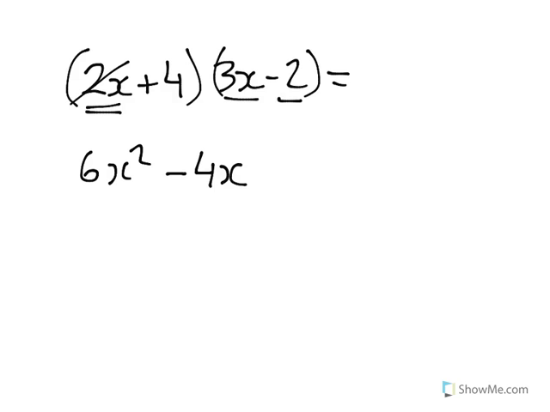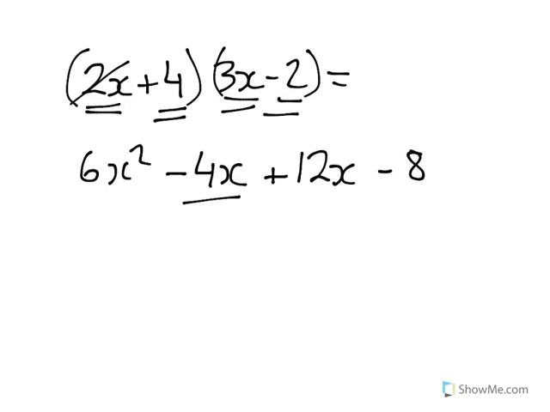Then we finish with our 2x. We don't need to touch that again. We've multiplied it first by the first terms in the second bracket and by the second terms in the second bracket. Then we can multiply our plus 4 by 3x, giving us plus 12x. And finally we finish off by multiplying plus 4 by minus 2, giving us minus 8.